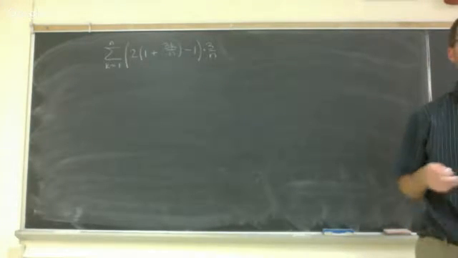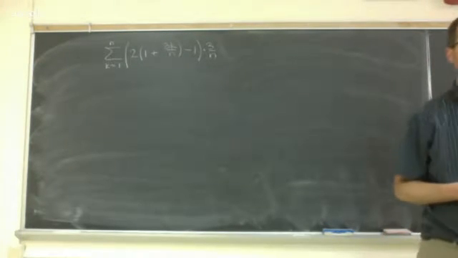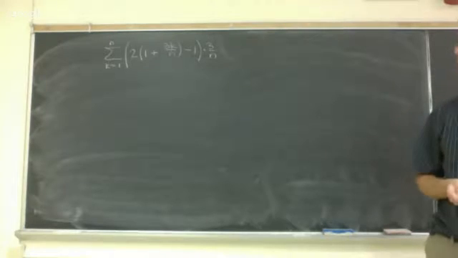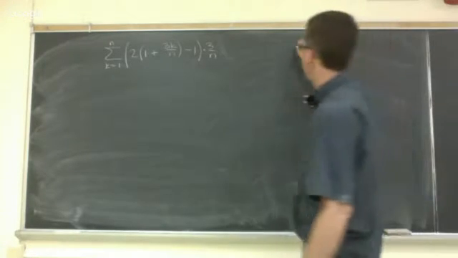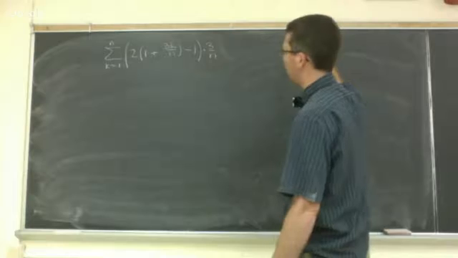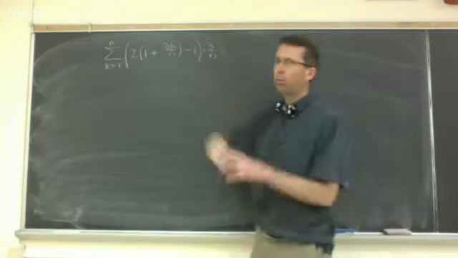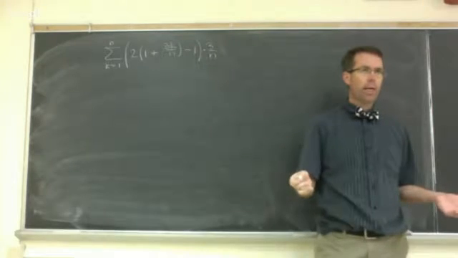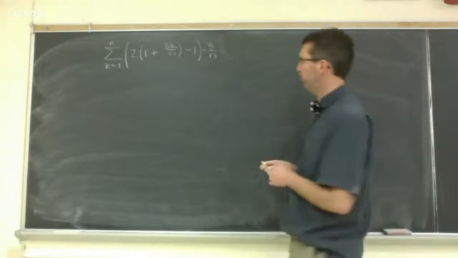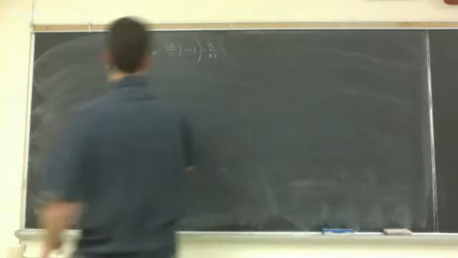One is to find the value of the sum, and the second is to find the limit of the sum. Okay? So for summation, we have some basic formulas, and then we have some properties. And for this problem, what I want to do is multiply it all out so that I can apply linearity. So let's see what I can multiply out.